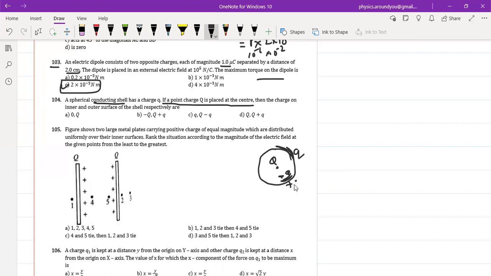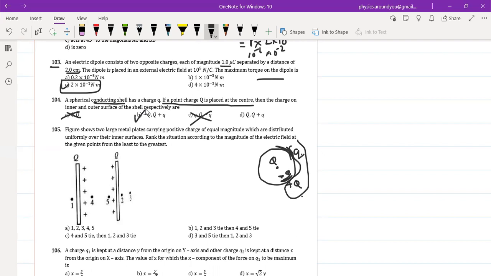On the outer surface, plus q appears. Charge neutrality, you see. Now what's the total charge on the outer surface? Small q and capital Q put together. So the outer surface should have Q plus q. So this is gone. Between B and D, the inner surface charge should be negative by induction. So it should be D. 104 goes with D.